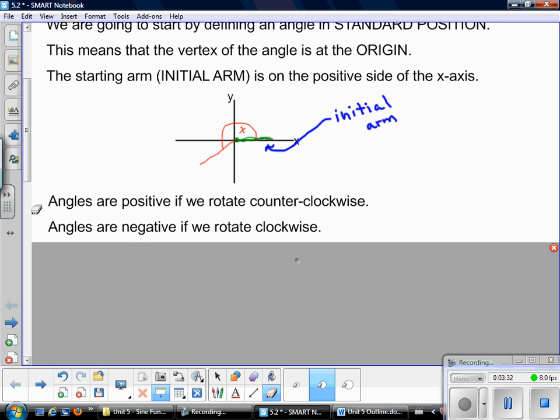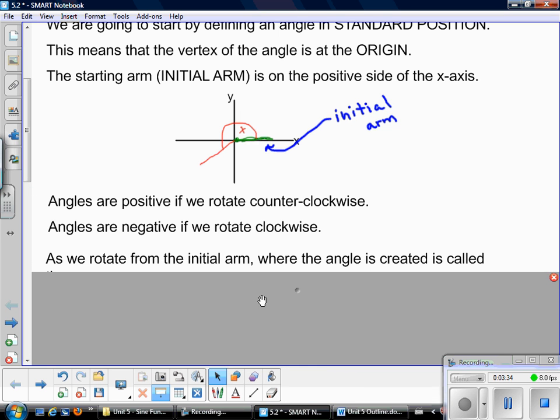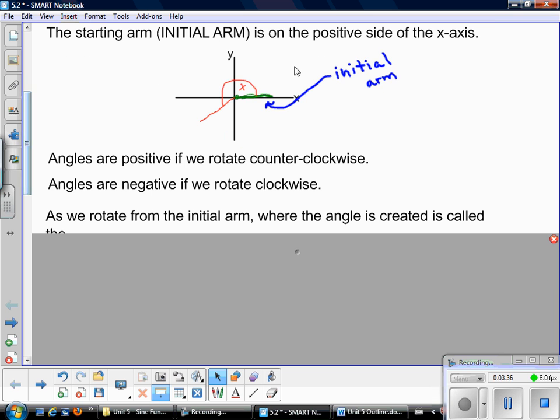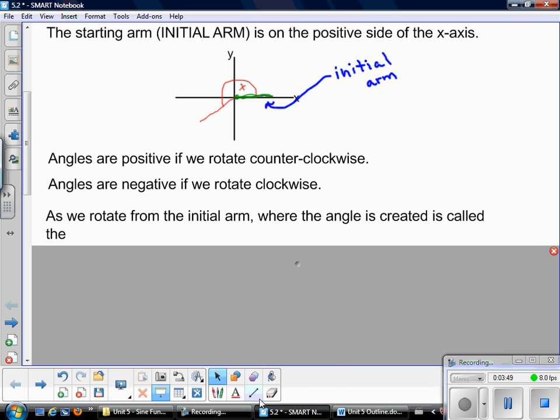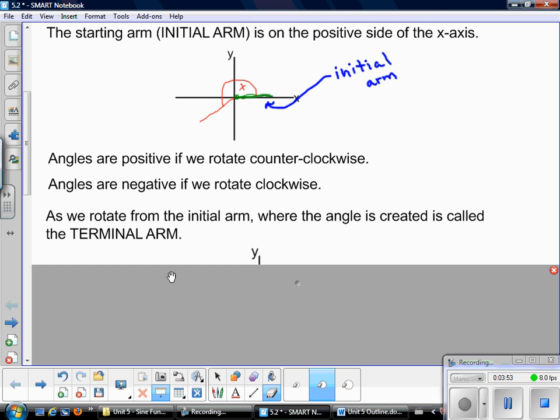Now, obviously, we have to stop somewhere, and where we stop has a name as well. As we rotate from the initial arm around, where the angle is created is what we call theta, and the terminal arm. So the terminal arm in this case is right here. So this here would be called the terminal arm.